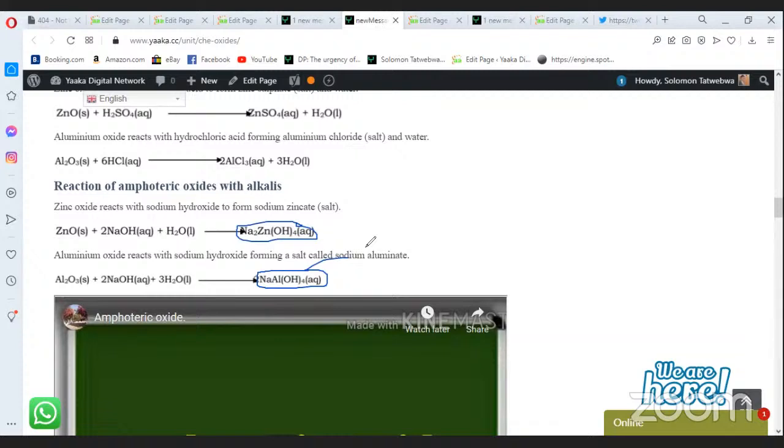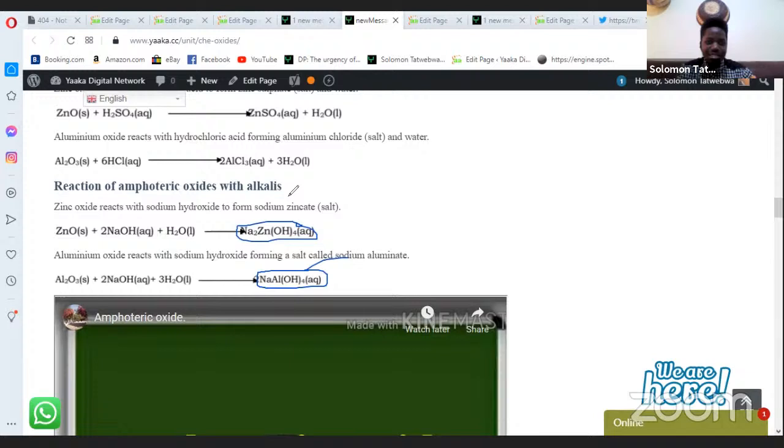What is key about amphoteric oxides? So far, what have you seen which is different from all other oxides? They have both acidic and basic properties. So they react with both acids and alkalis. All the rest hardly do that.